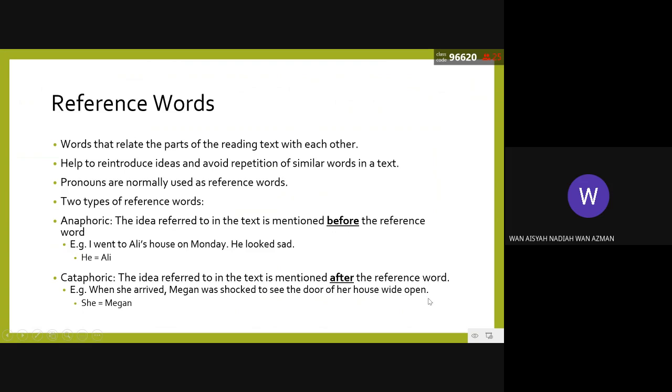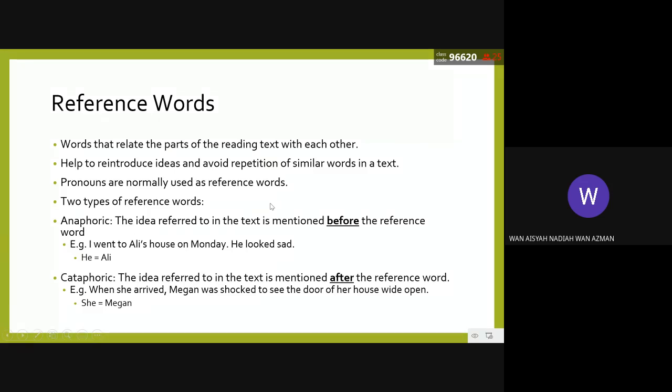They help to reintroduce ideas and avoid repetition of similar words in a text. Pronouns are normally used as reference words. So the first is anaphoric, and the second is cataphoric.